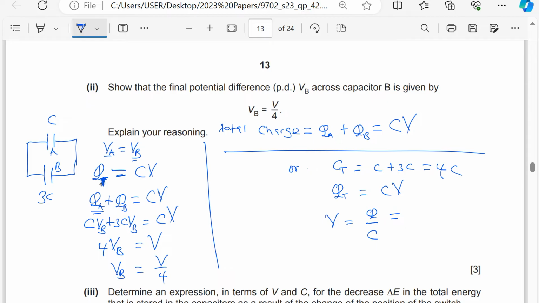So the PD across A and B, the total PD across both of them, is going to be the charge, which is C times V, divided by total capacitance, which is 4C. So this gives us VB as V over 4 using total capacitances.